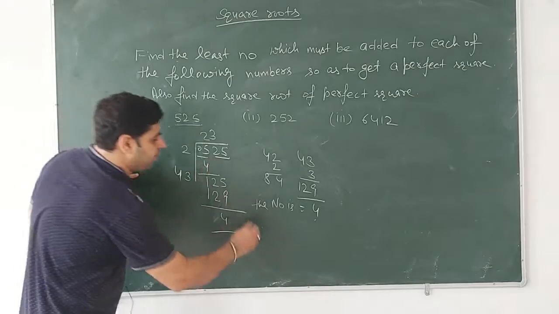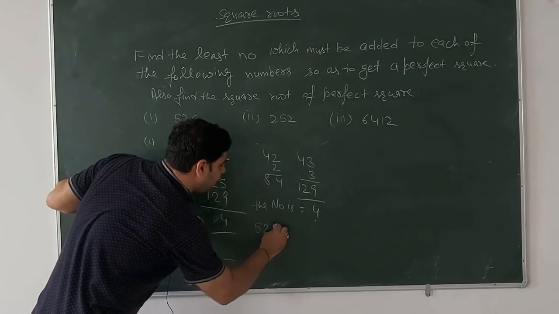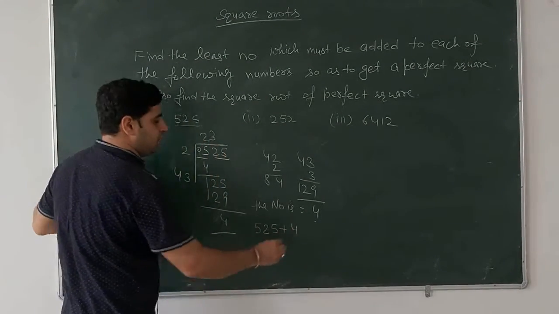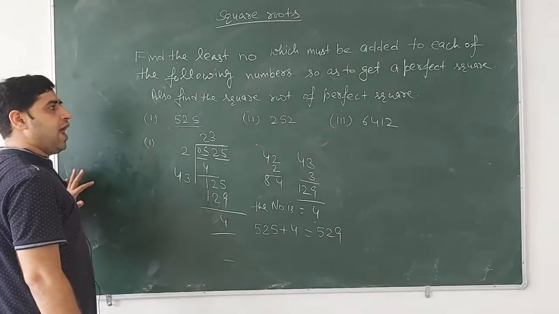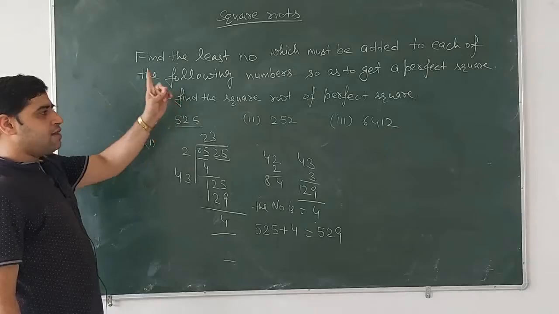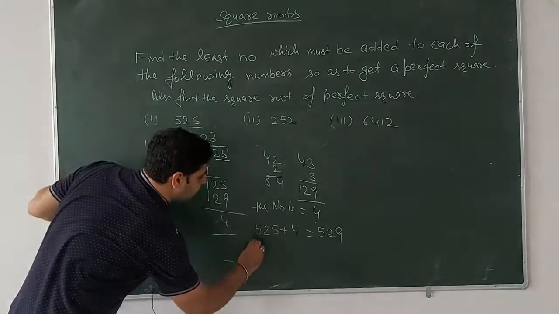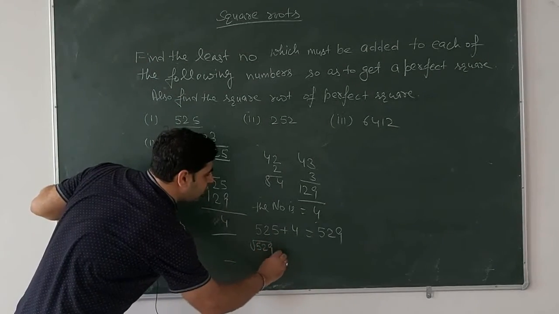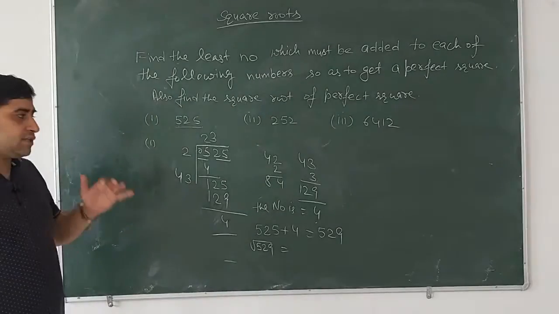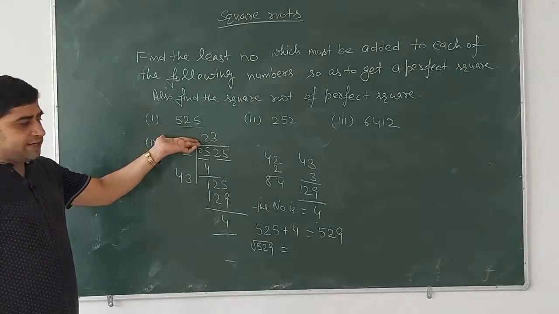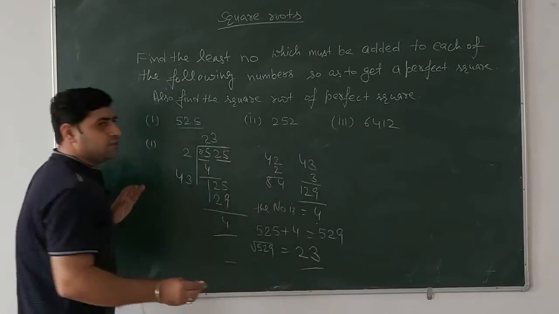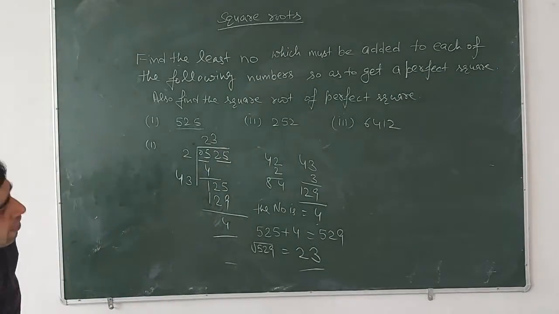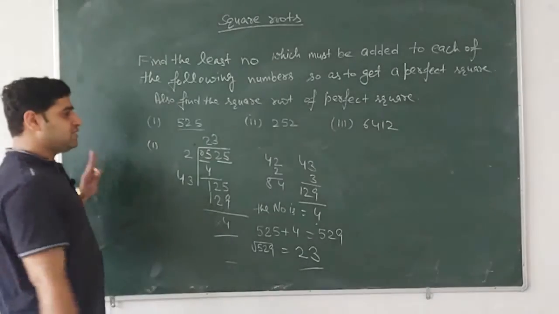When 4 is added, 525 plus 4 becomes 529, a perfect square. Also find the square root of it. The square root of 529 becomes 23. So this must be added, and this is the perfect square.